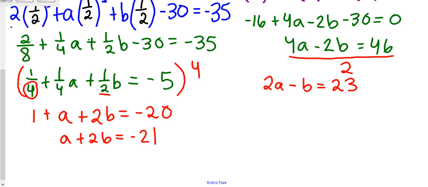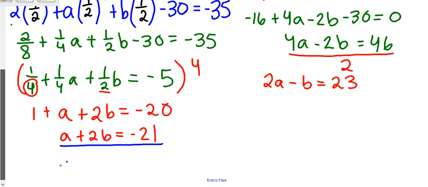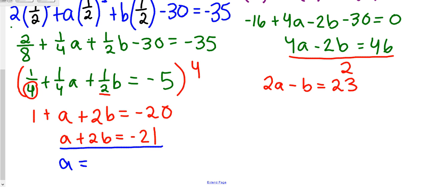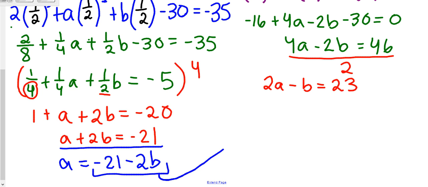What I did is I ended up over here, and I subtracted 2b because it would be so easy to solve for a there. So I did a equals negative 21 minus 2b. And if this is a, what you need to do is take this and plug it into the other equation.